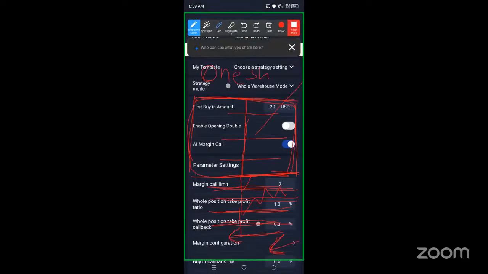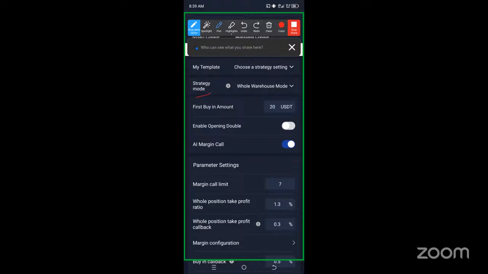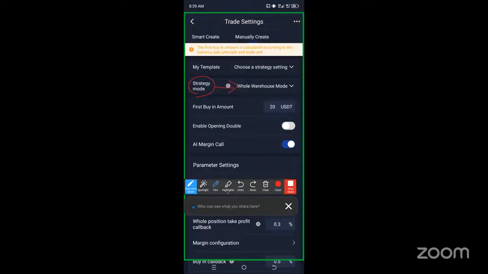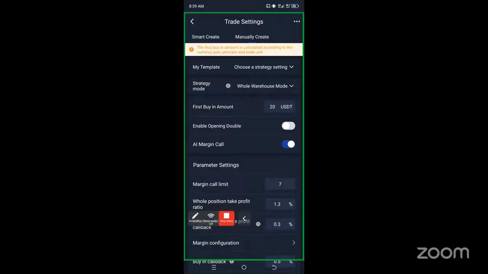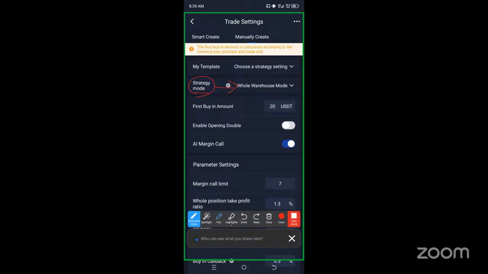Of course, on this side, as you can see. Then, after understanding the above, we are coming to the lower ones, starting from first buy in amount.